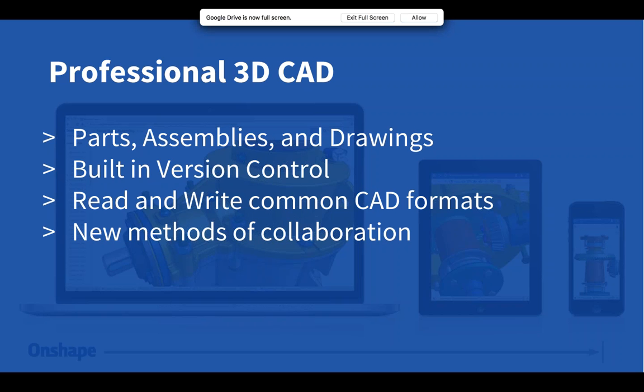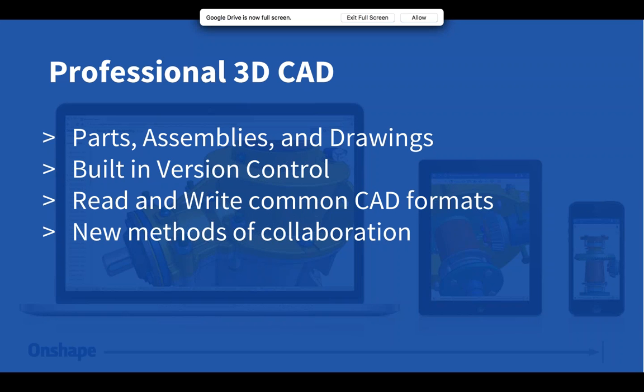The last thing to mention is that with Onshape, we've introduced entirely new methods of collaboration. You have the ability to share and even collaborate in real time. Unlike a file-based CAD system, when you share in Onshape, you see everything update live. Any change to the model changes for everyone at the same time.